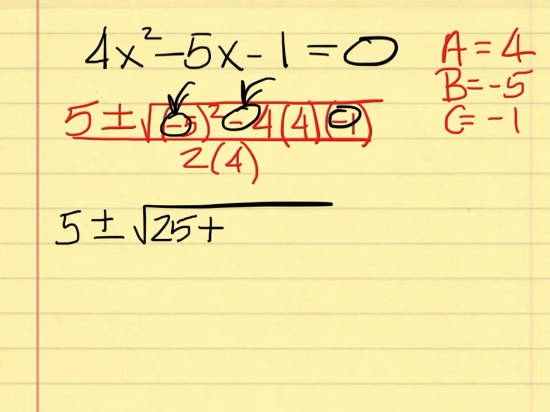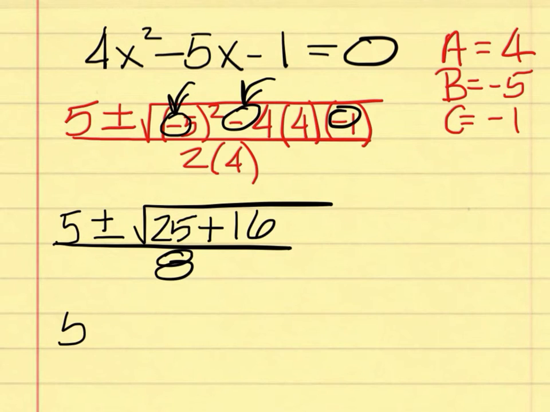Alright, so what do I write next as we reset the sticks here? 16, yeah. 4 times 4 times 1 is 16, and on the bottom I will have an 8.